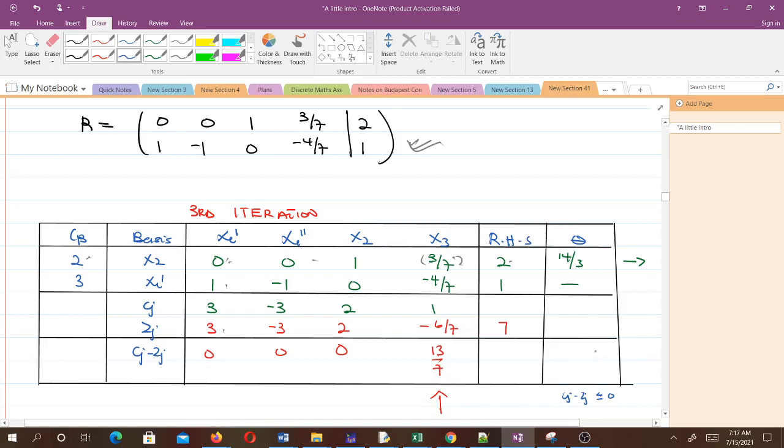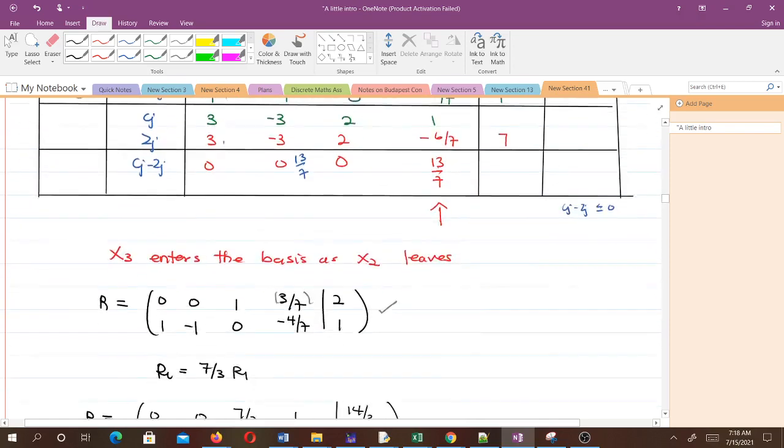Here we had just 13 over 7, and because this is positive, it entered into the basis to take away s2. So what if we had 13 over 7 here, and we also had, let's say, 13 over 7 here? Which of the two is supposed to go in? That's the kind of problem we seek to address here.